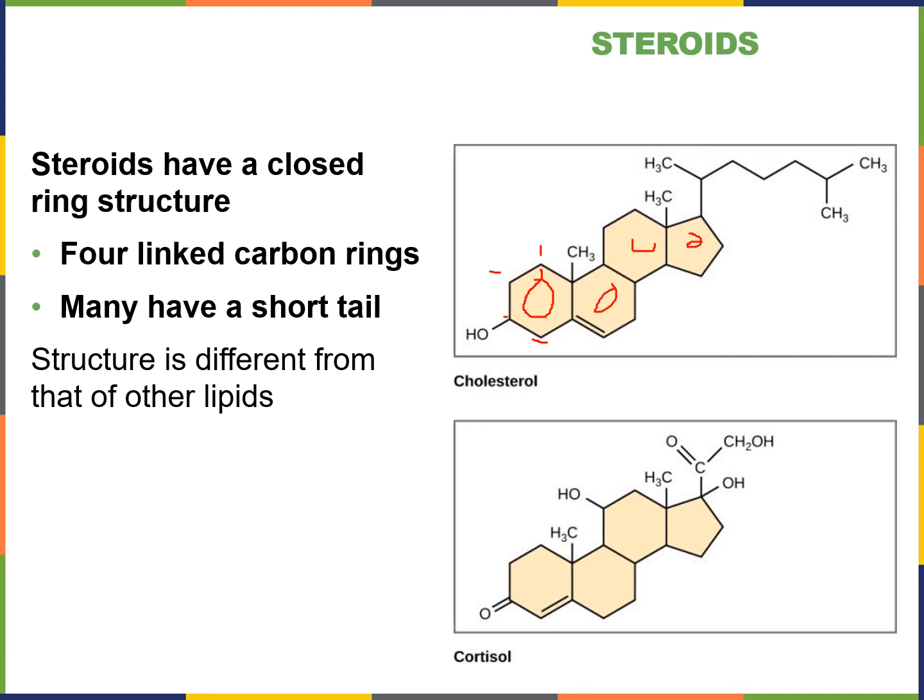Notice the difference between cholesterol and cortisol. Just what's attached. If you were to remove some of these and add in a methyl hydroxyl there, remove all of this, you'd have testosterone. Add in a little here, a little there, you'd have estrogen. They're all based on these long hydrocarbons that don't like water.